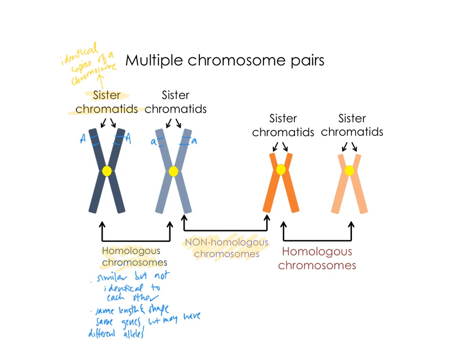Now for the non-homologous chromosomes, we're comparing this long blue chromosome to this orange shorter chromosome. And so what they're trying to show you with that is that these are completely different chromosomes.